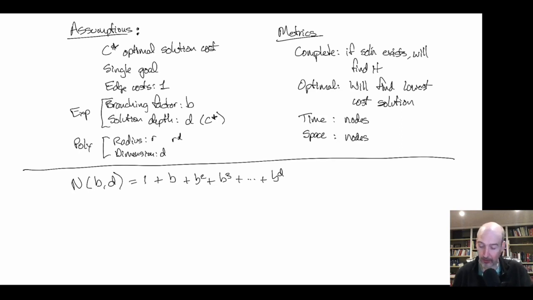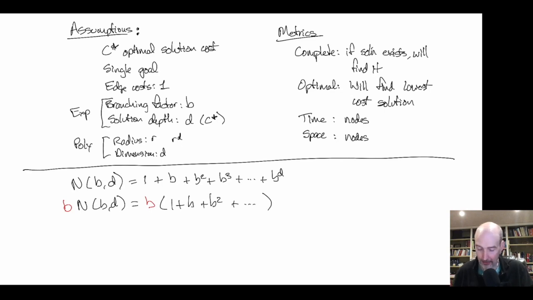Maybe you've seen this before for a fixed branching factor, but we want to understand what happens in general. The way we're going to do this is a fairly simple derivation. I'll just write this here. We're going to multiply both sides by b, so I'm going to have a factor of b on this side. So b times n of b comma d is equal to, and here again I put a factor of b on this side, 1 plus b squared.